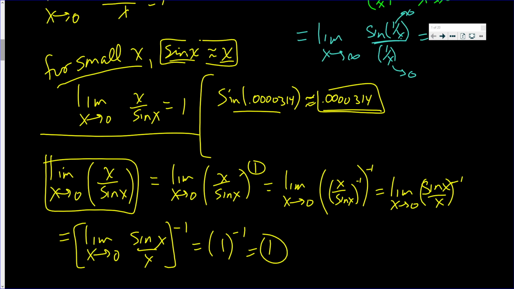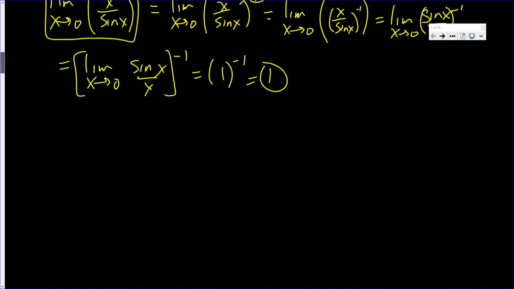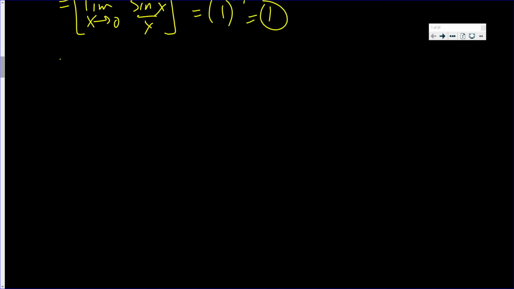Now, let us play some more games with this function. I like this function. Suppose you have the limit as x goes to 0 of the sine of 5x over x. Well, if you had a 5 there, you would know what the limit is.